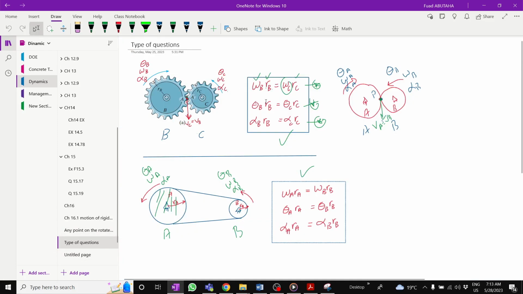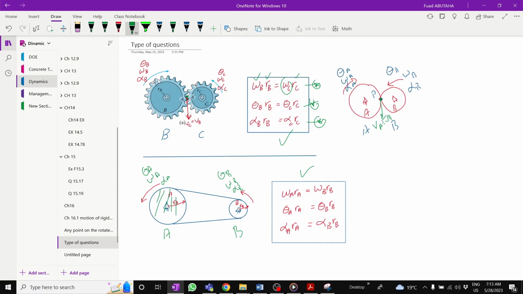So in this chapter, we have four types of questions that you can expect. He might give you two disks like this one, one big and one small, and they are connected at this point. For example, this is disk B and this is disk C. You can name them 1 or 2 or B or C or whatever.